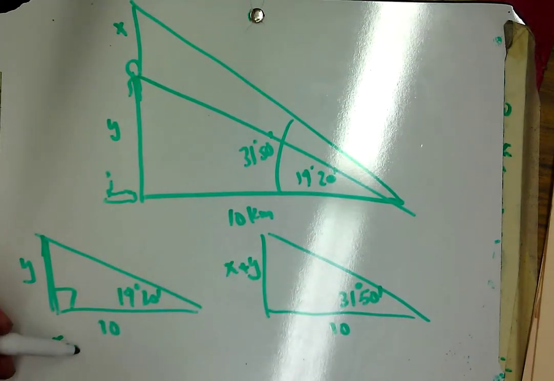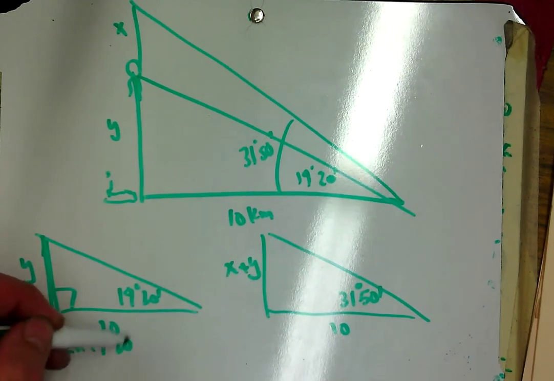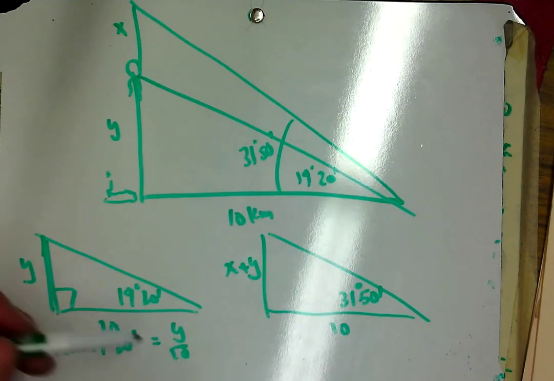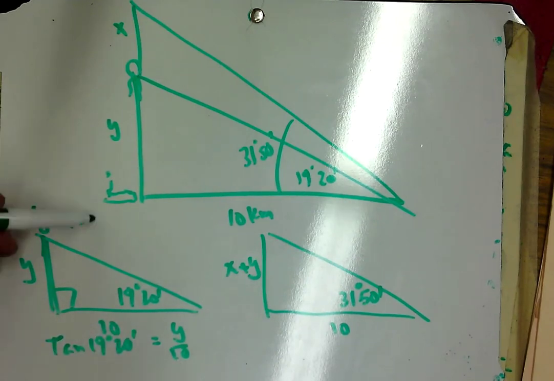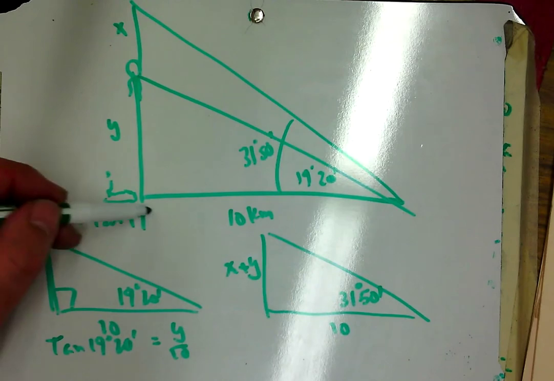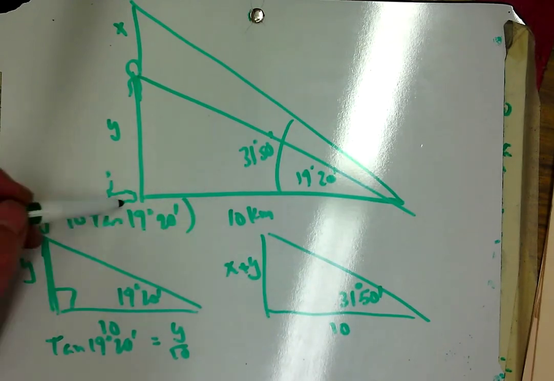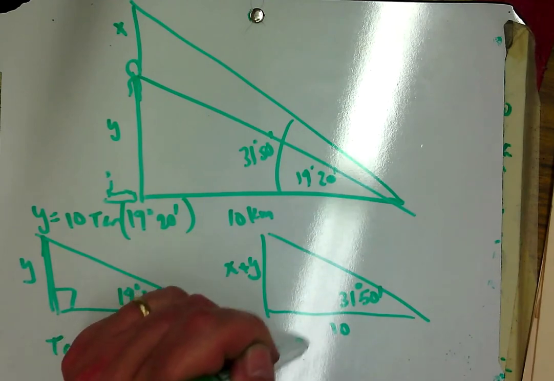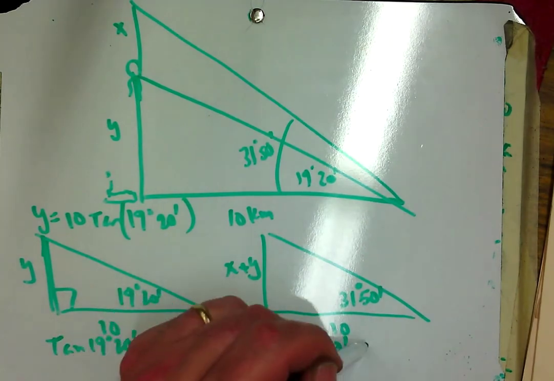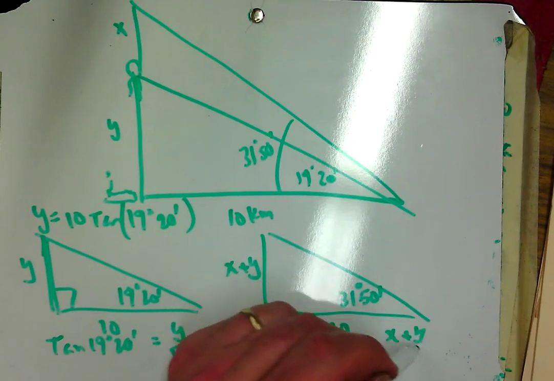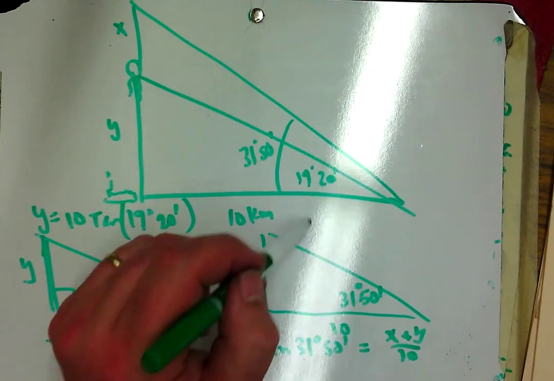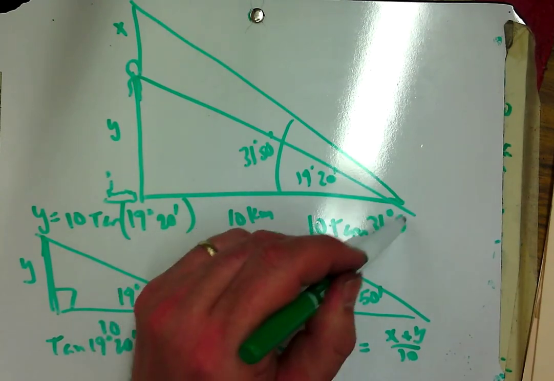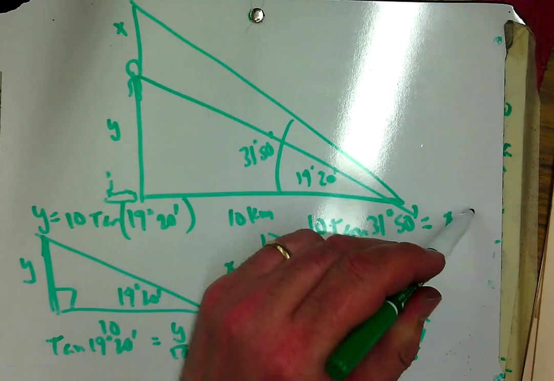So here we know that the tangent of 19 degrees 20 minutes equals y over 10. So y will be 10 tan 19 degrees 20 minutes. And over here we can say tangent 31 degrees 50 minutes equals x plus y over 10, or 10 tan 31 degrees 50 minutes equals x plus y.